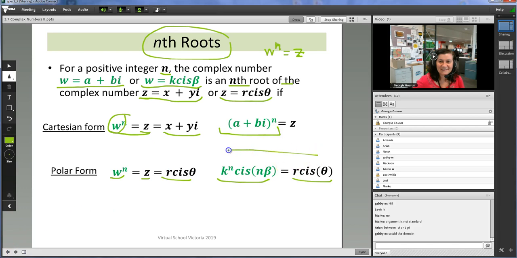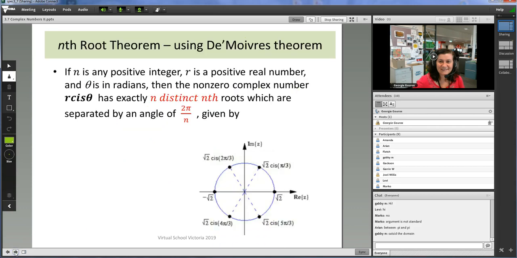Here's De Moivre's theorem again being used to find the nth root rather than raising something to a power. It's kind of the same thing really. So that's really important because we're going to use De Moivre's theorem to find the nth root of a number. Okay, so here's a number you might be familiar with, root 2.